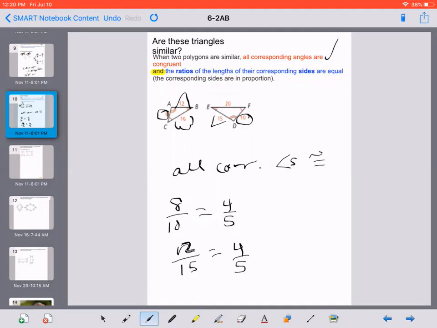Let's see if the final ones also have the same. Let's reduce it. And since all of the pairs of corresponding sides have the same ratio, that means they're in proportion. And so we can say, yes, these two polygons are similar.